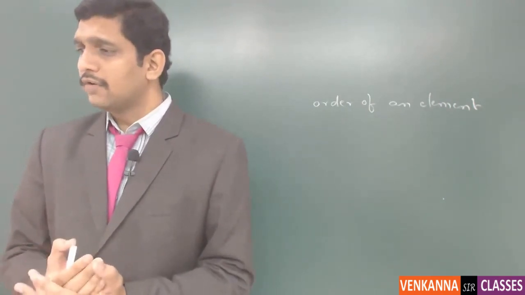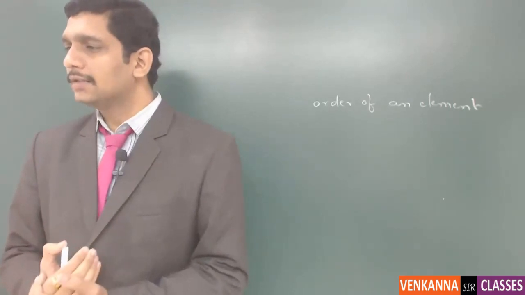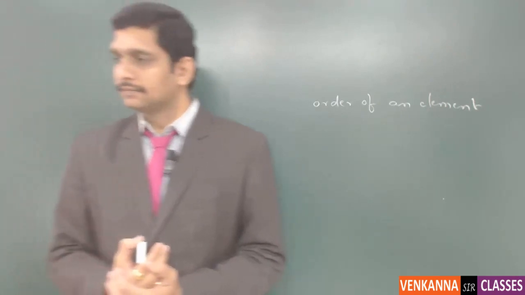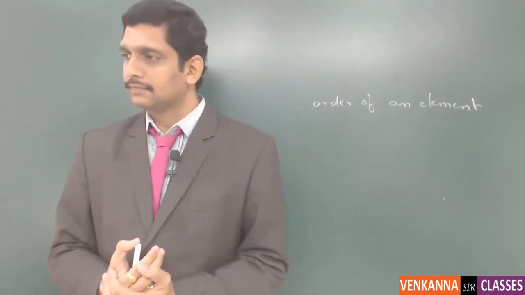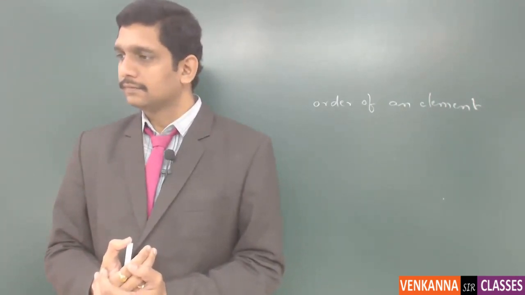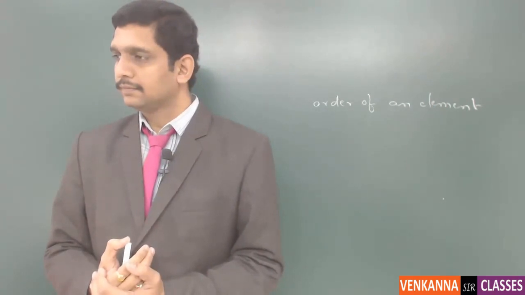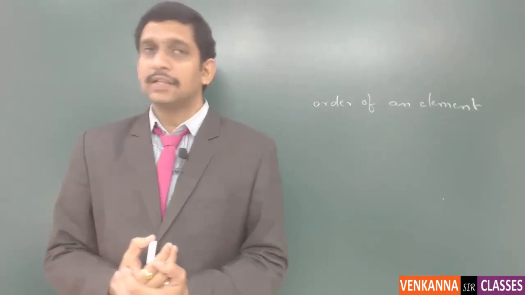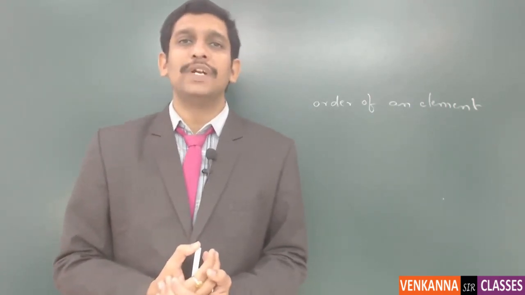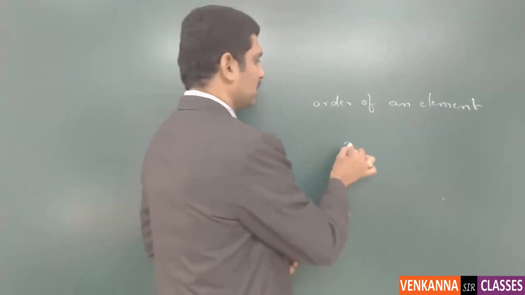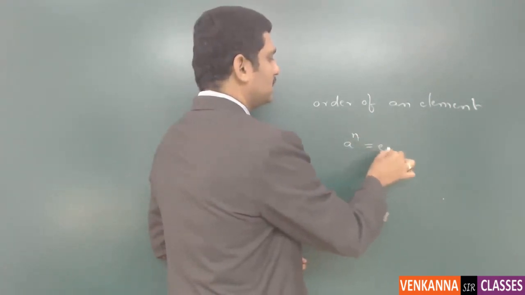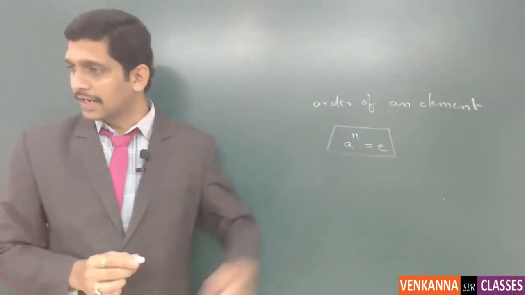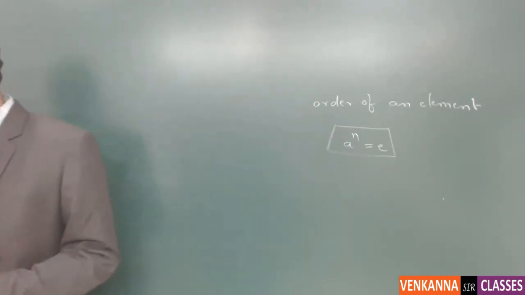So can you say what is meant by order of an element? So order is nothing but the least positive integer such that a power n is equal to identity. Can you recollect that? Right.